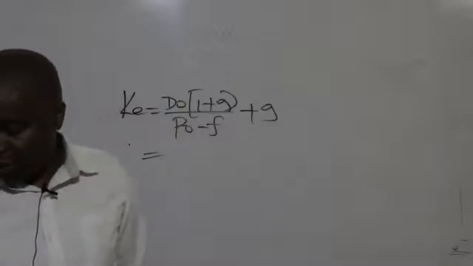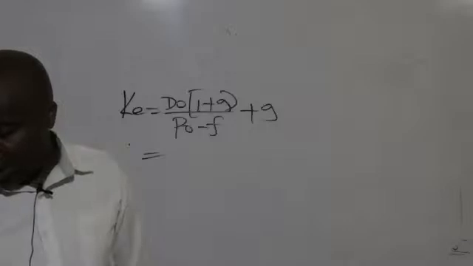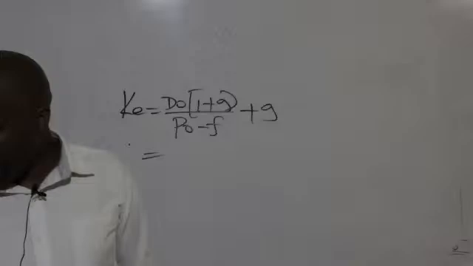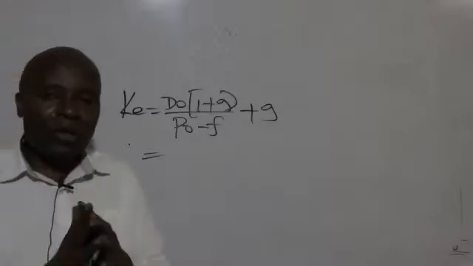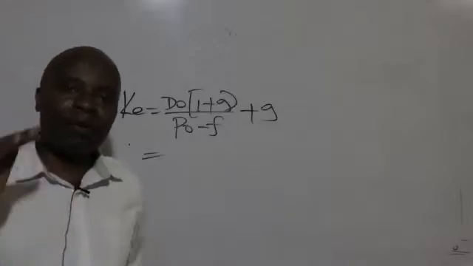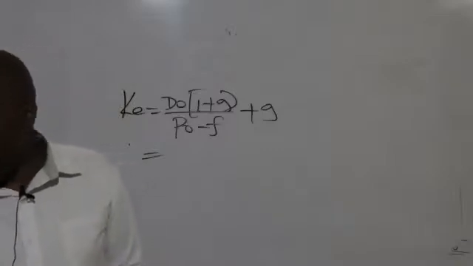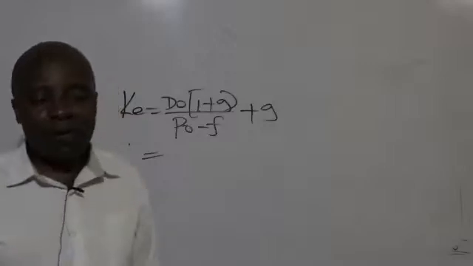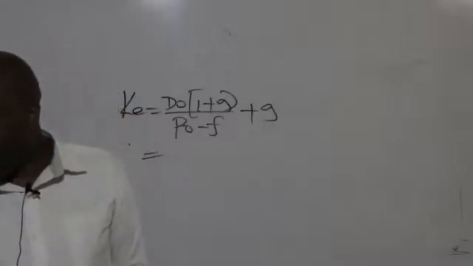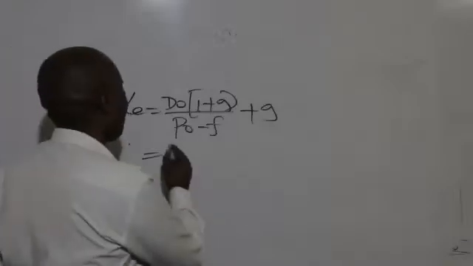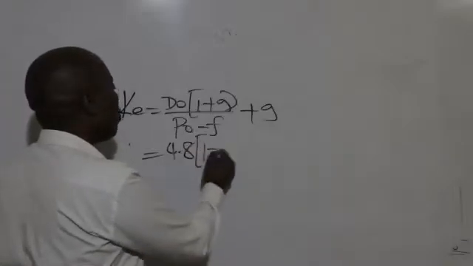Is there somebody who is able to see D0 anywhere? Yes, I am able to see D0. D0 is the most current dividend. They have given me 4 of them. The most current dividend, the one given in note 4, of 2018 is 4.8. So 4.8 into 1 plus the growth rate of dividends.